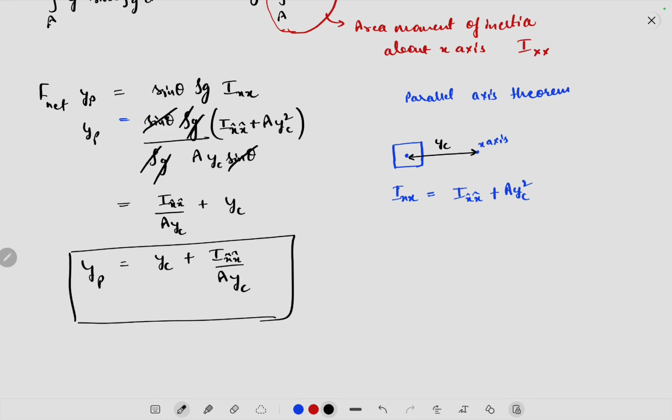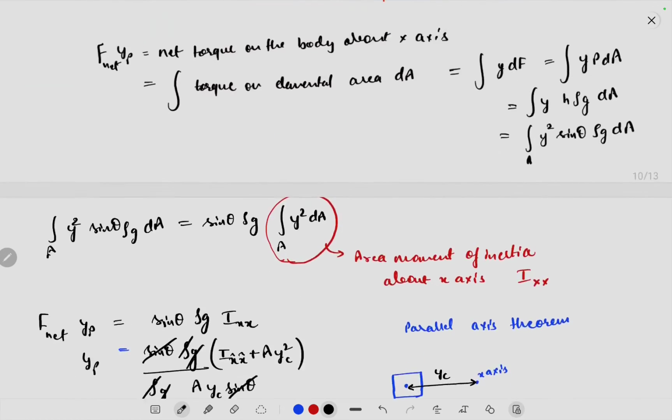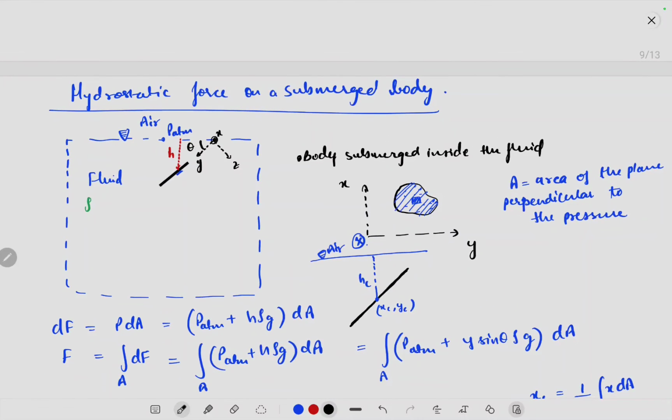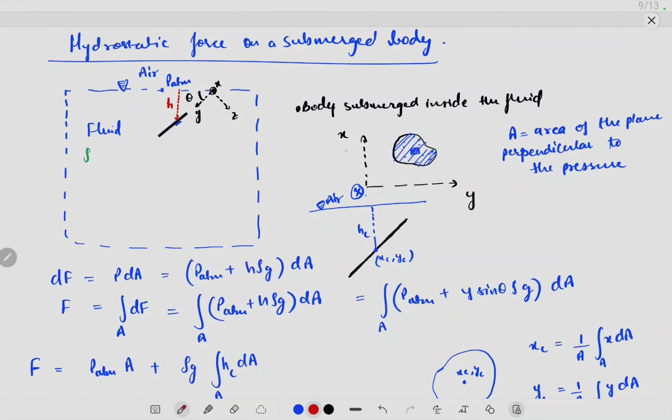Okay, so now the question is, is torque only about the x-axis? Let's see this figure.